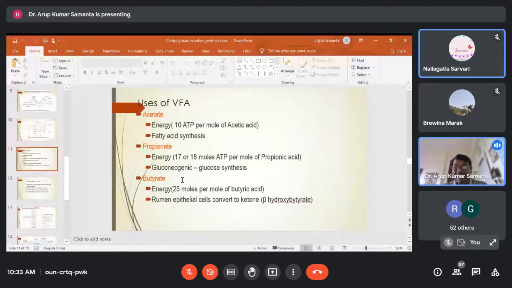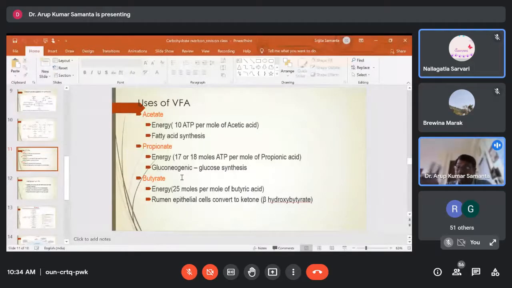Some ketone bodies are also there. Because the central nervous system needs fuel from glucose, even sometimes from ketone bodies, some glucose is required to be produced, and that role is performed by propionic acid, because from propionic acid glucose can be synthesized.